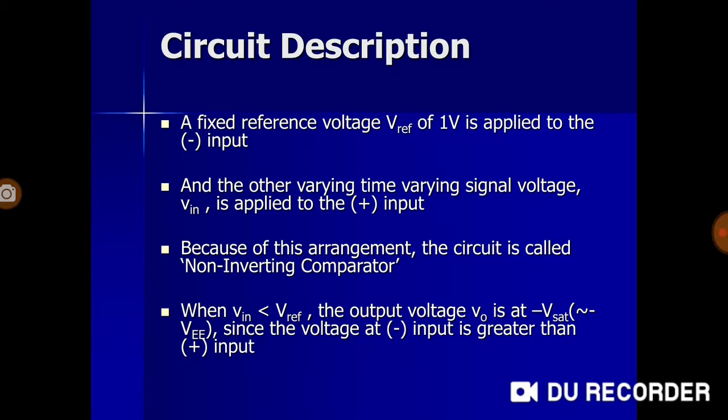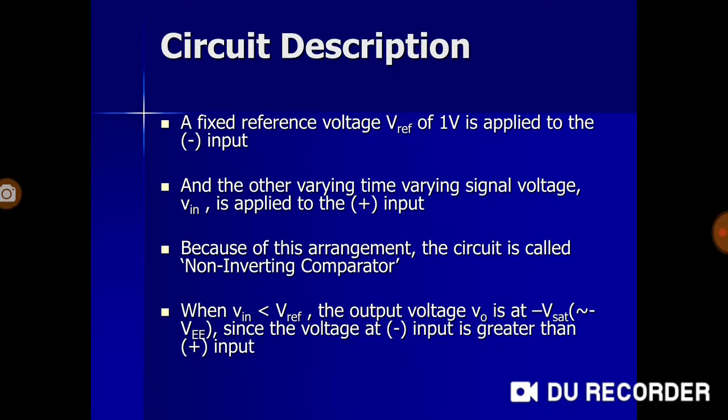Okay, now when the input voltage is less than the reference voltage, the output voltage V0 is at minus V saturation, which is almost equal to the negative supply, that is minus VEE, since the voltage at the inverting input is greater than the non-inverting input, as we have seen.